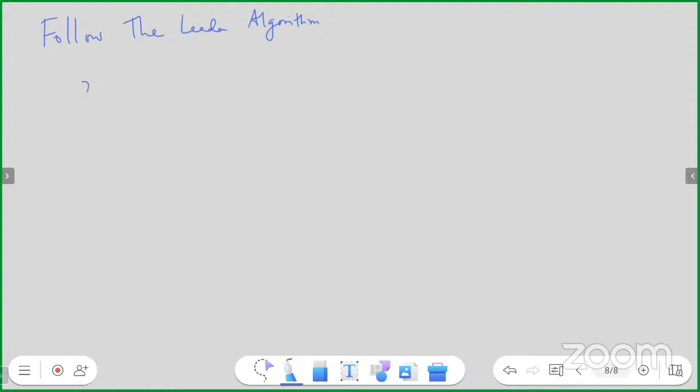What is xt? xt is argmin of the summation of fk of x, k going from 1 to t minus 1. Okay, so now we want to control the regret. What shall we do?